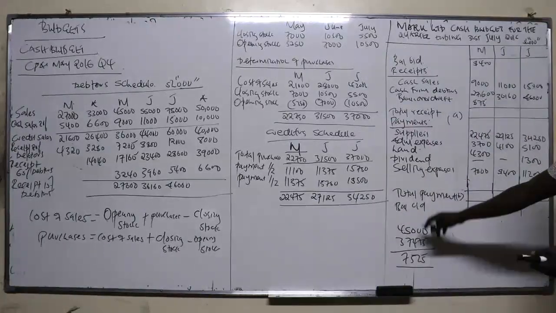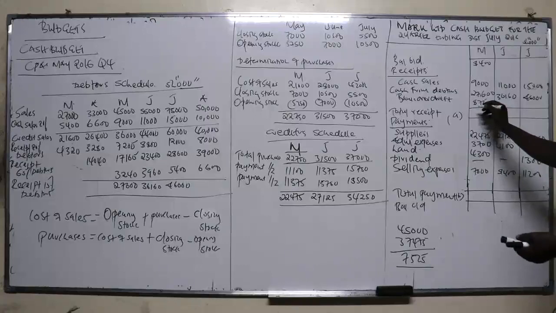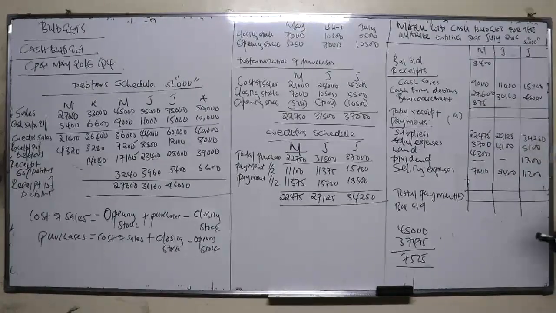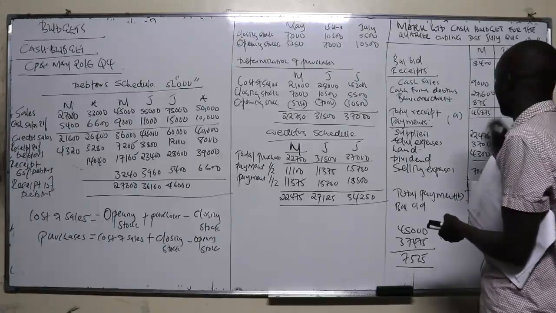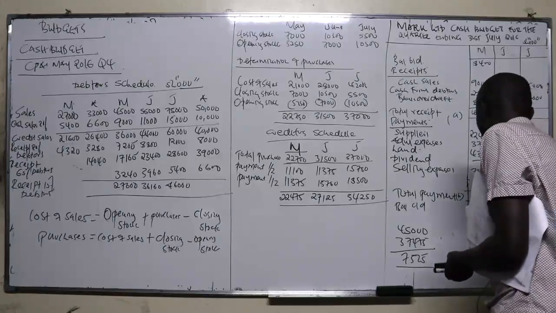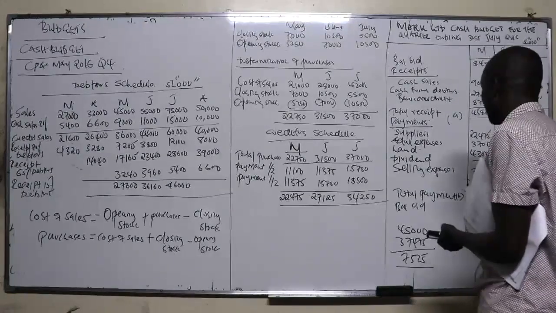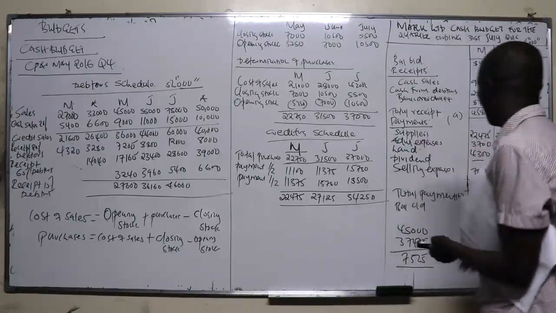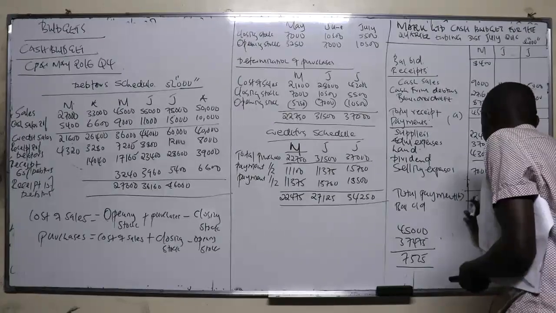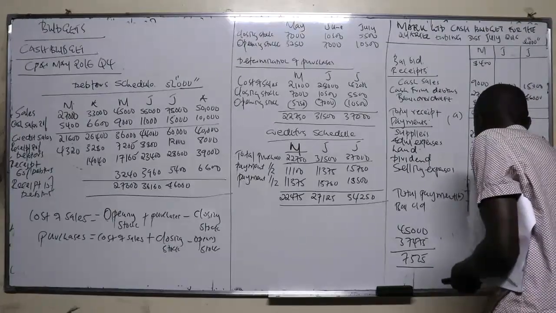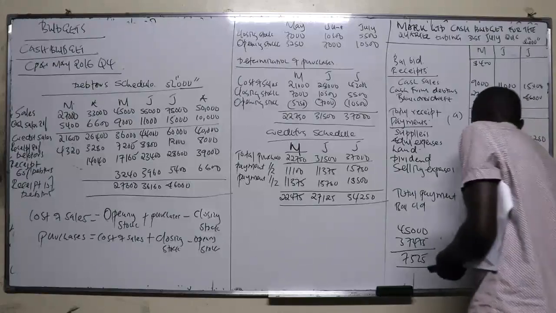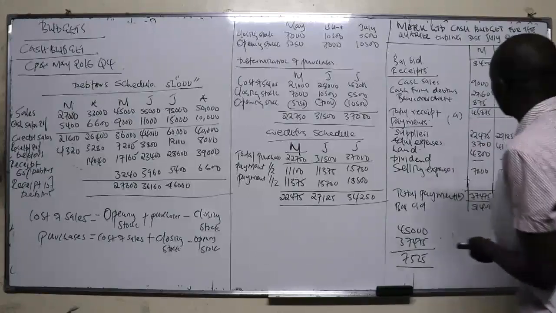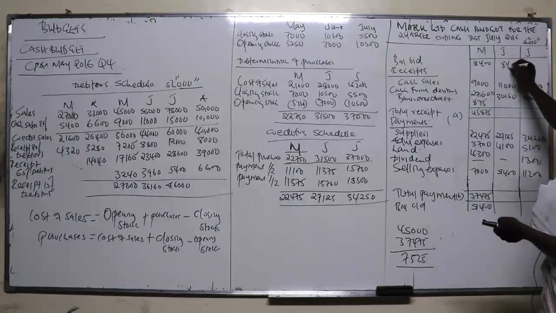So now 45,000 plus 875, the total receipts will be 45,875. And the total payment was 37,475. So this will give us a balance of 8,400.